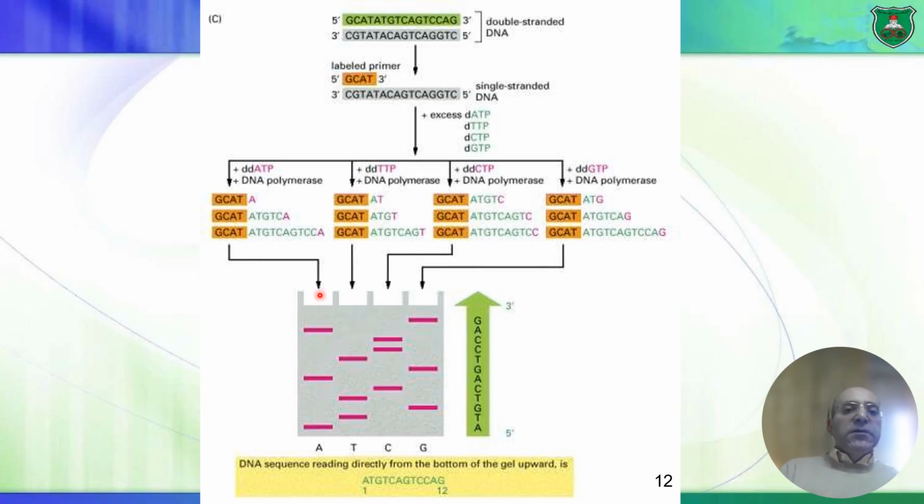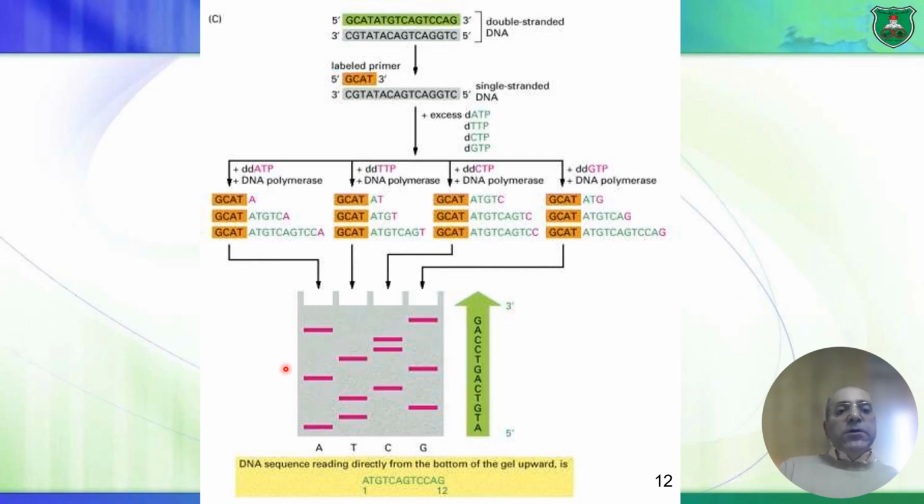So here we add the reaction for the tube that contains the dideoxy A. This one here contains the reaction for the dideoxy T, dideoxy C, dideoxy G, and so on. And the fragments are separated based on size, except that we can differentiate between two fragments that differ by one nucleotide.